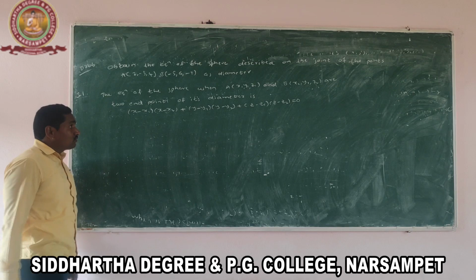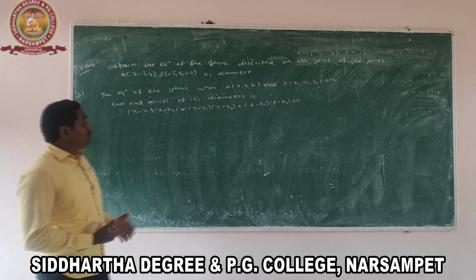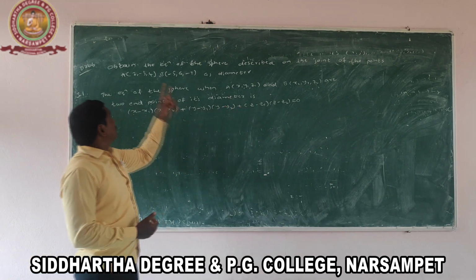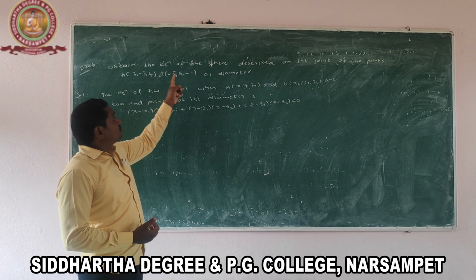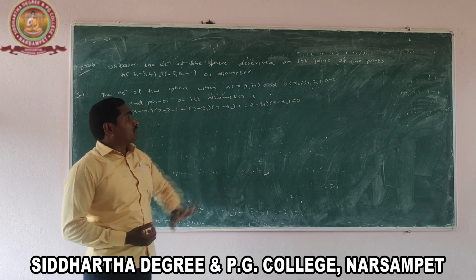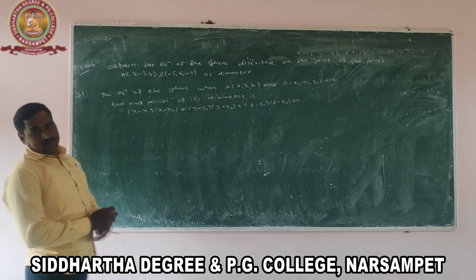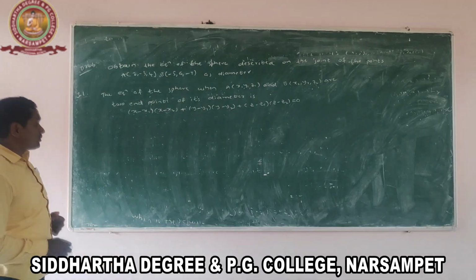So if we treat (2, minus 3, 4) as (x1, y1, z1) and (minus 5, 6, minus 2) as (x2, y2, z2), we get the equation of the required sphere.